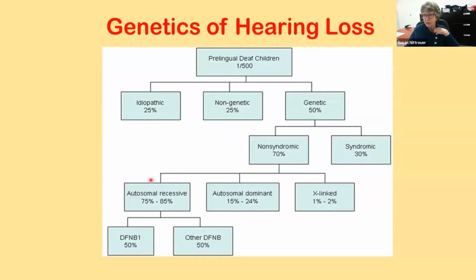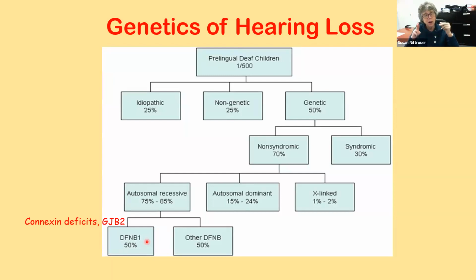Okay, so let's come back to this recessive category of hearing loss. As you can see, half of this is what's known as DFNB1, and that is these connexin deficits. And you will be hearing, if you work with children with hearing loss, many of them, you will hear that they have connexin deficits.